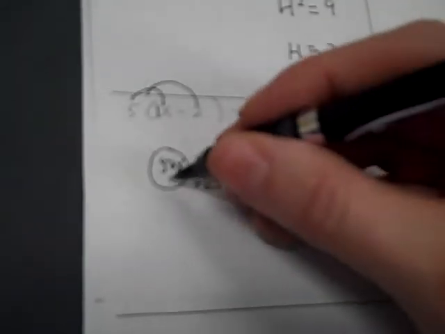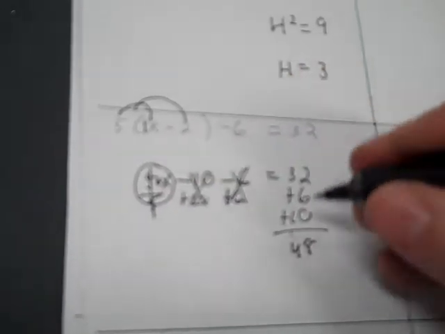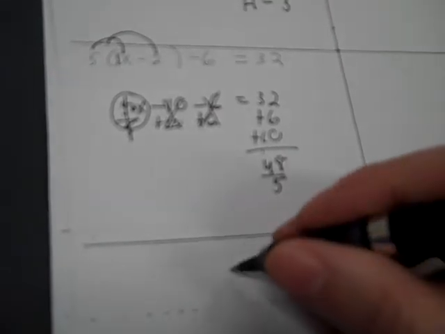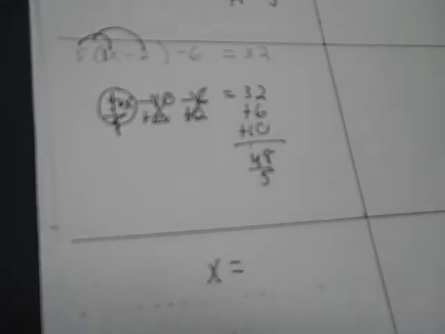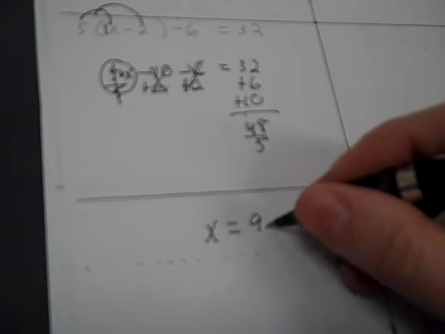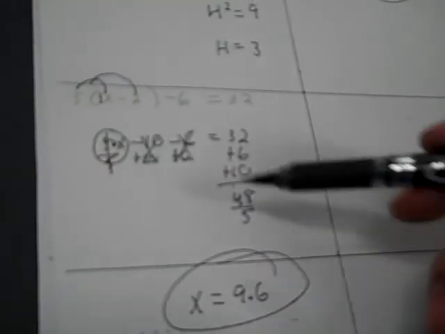And then I can divide by the 5. And that's your answer. You don't square root, okay, because there's no second power. 48 divided by 5 is 9.6. So you can get a decimal for the x, that's fine. See, I solve for x here. I don't need to do anything over here, okay, if we're not blocked.